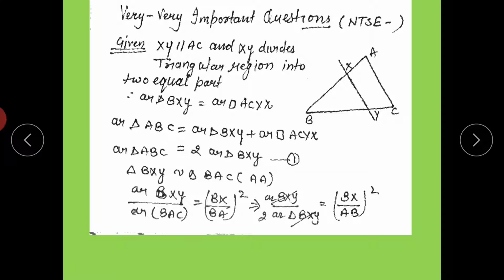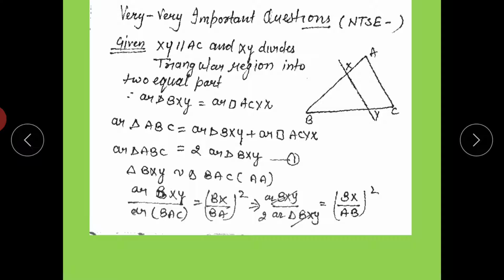That means area of triangle BXY is equal to area of quadrilateral ACYX, or XYCA. Then the areas of these two parts are equal.